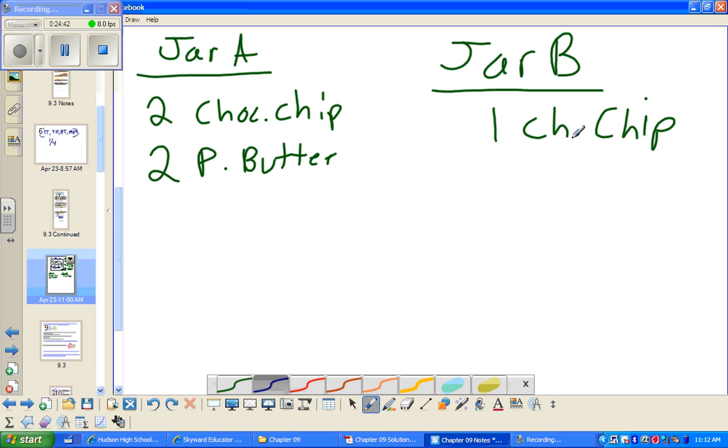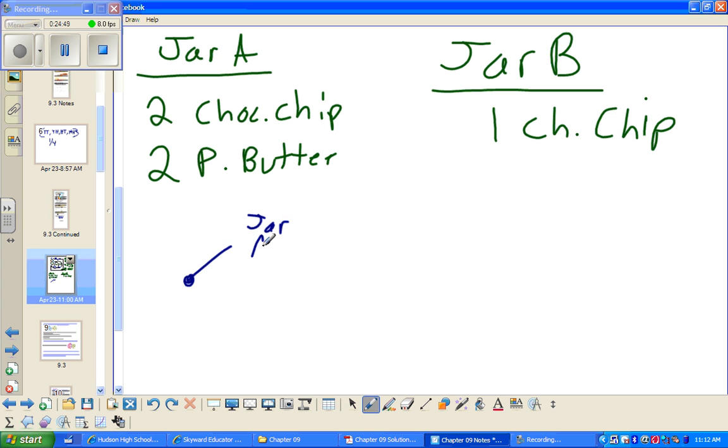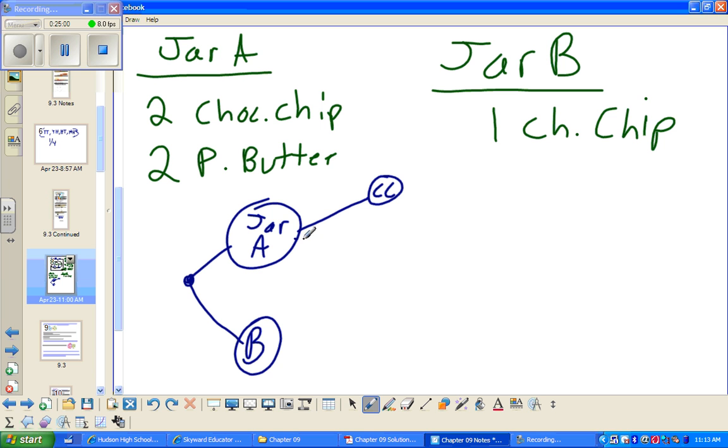If you look at it as a tree diagram, we've got jar A that we could choose, or we could choose jar B. And then within jar A, if we were just going to reach in and choose a cookie, we could get a chocolate chip, a chocolate chip, or a peanut butter, or a peanut butter.